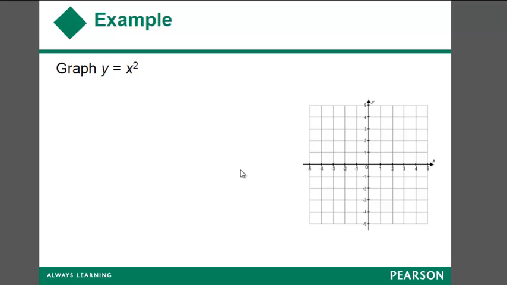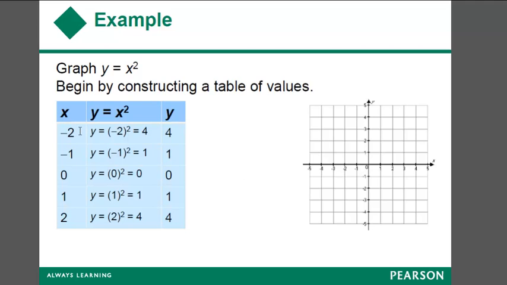We have to be a little bit careful here to make sure that we get the actual shape. We have to choose negative and positive values. So I've chosen -2, -1, 0, 1, and 2 for my x values. And you can see how I've worked them out in this middle column.